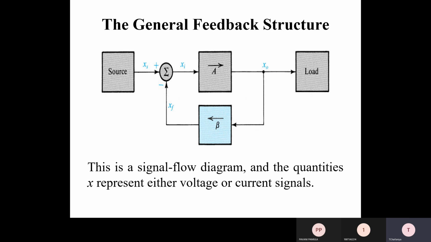Feedback is nothing but getting a path from the load to the source, that is, a loop. So from the output side we give a signal again to the input side of the circuit, and that is considered the feedback path, where beta is the feedback coefficient.